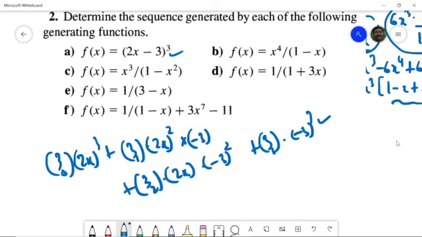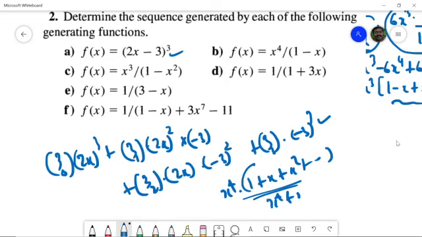The next question is x raised to 4 by 1 minus x. So x raised to 4, 1 by 1 minus x, I already know the expansion, it is 1 plus x plus x square plus etc. So it will be actually x raised to 4 plus x raised to 5 plus x raised to 6. So the corresponding sequence would be, the first term is 0, corresponding to 1 is 0, again x is 0, x square is 0, x cube is 0, again everything else is simply 1.